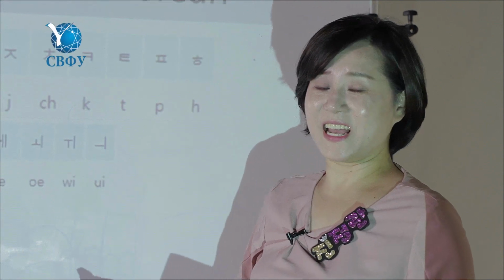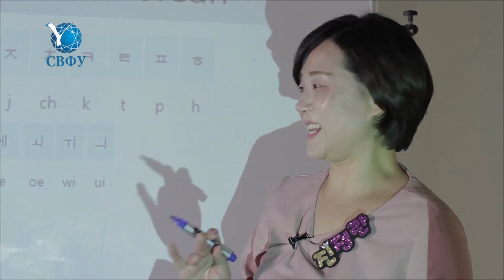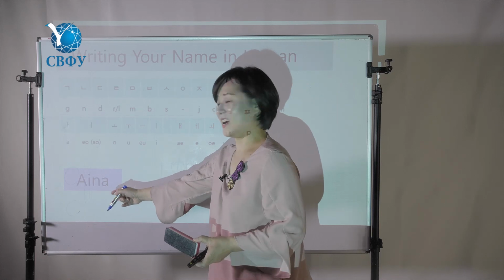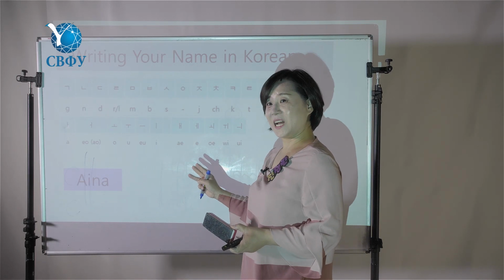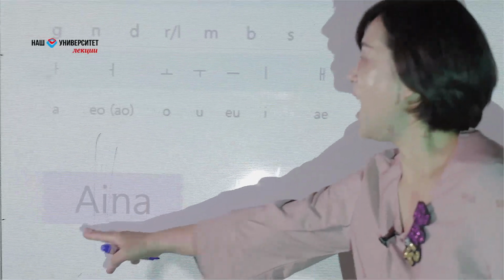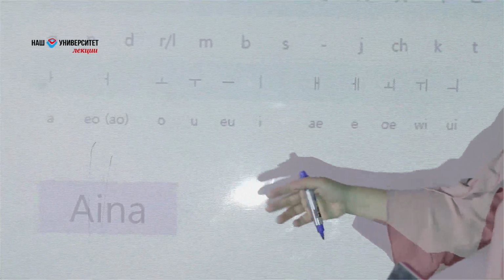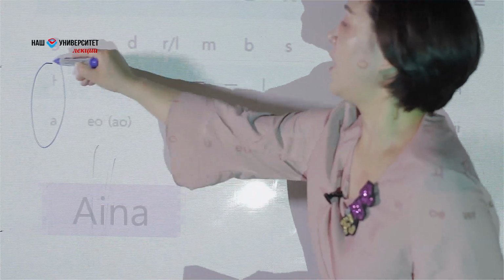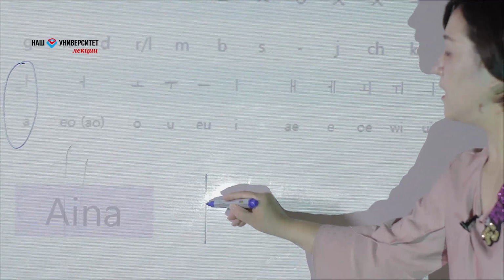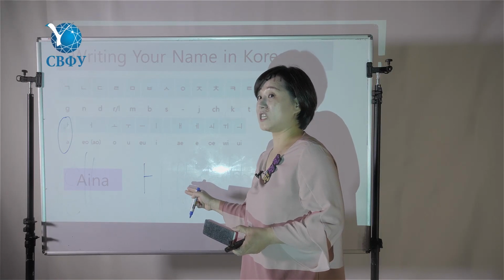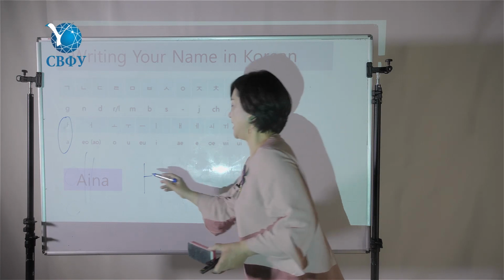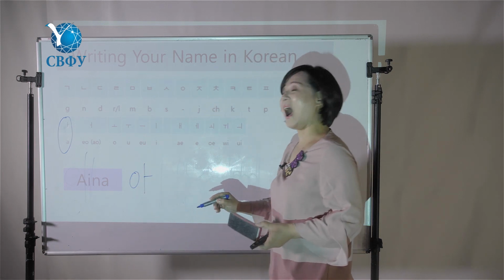Now let's write the Russian names in Korean. Aina: there were three syllables. Let's find the sound here. But just for the vowel, you need to add a zero consonant.